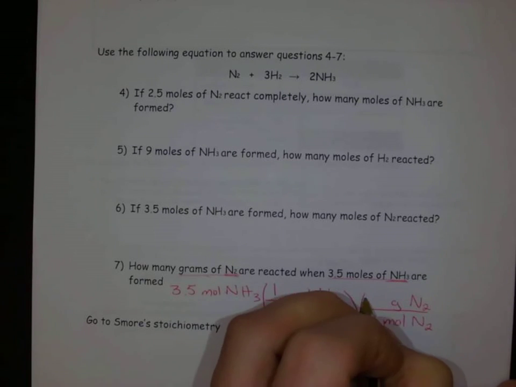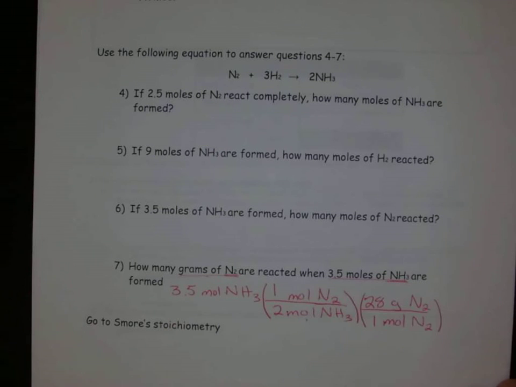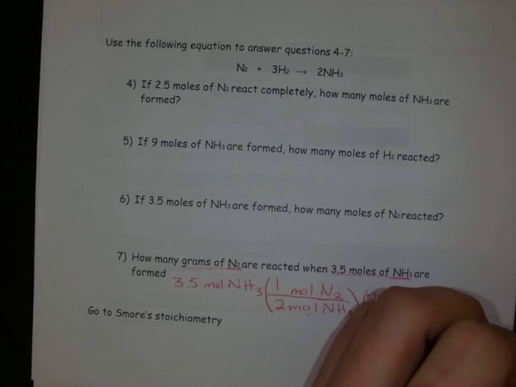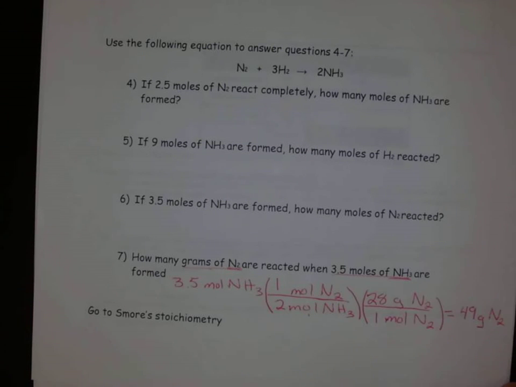This is just going to be 28 grams of N2. So now I got to the units that I wanted. So this is going to be my calculation here now. 3.5 divided by 2 times 28. If I do that calculation, I should get to 49 grams of N2.